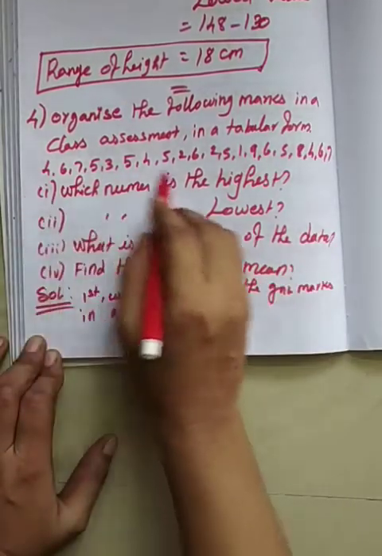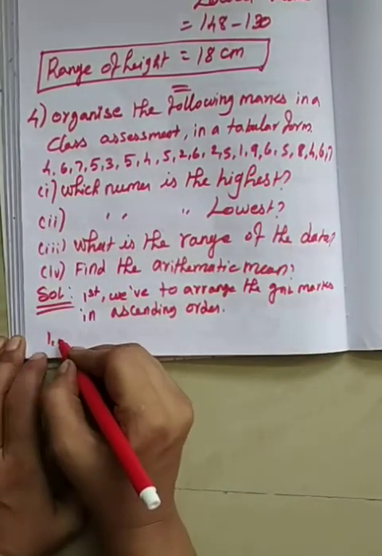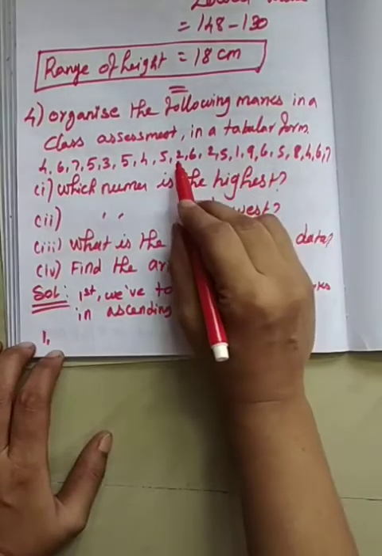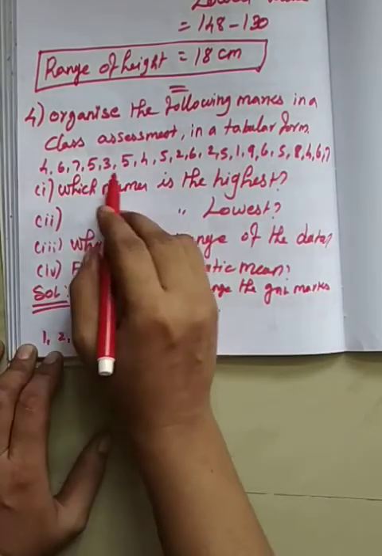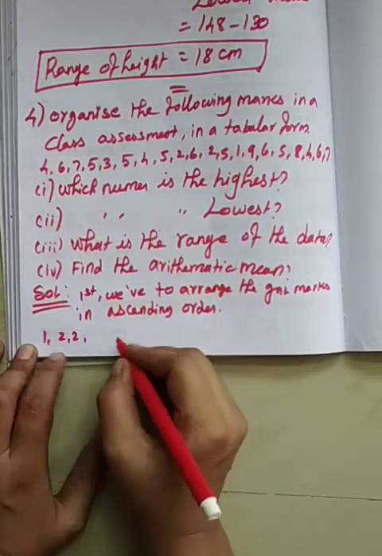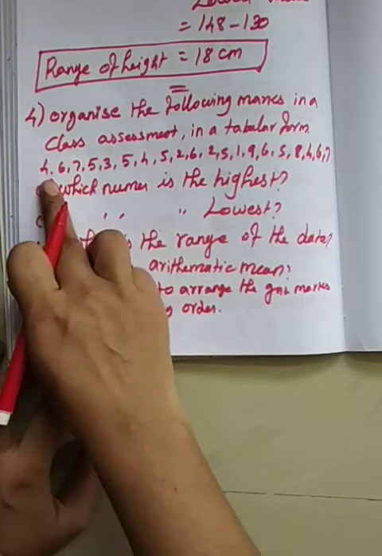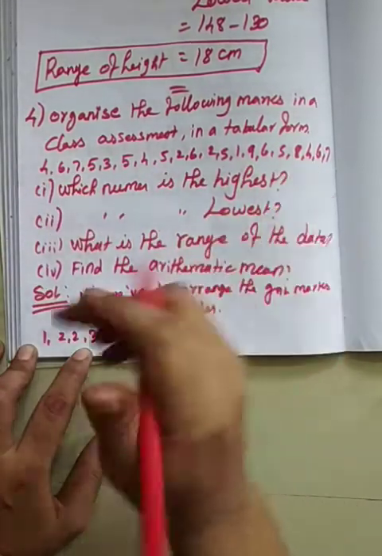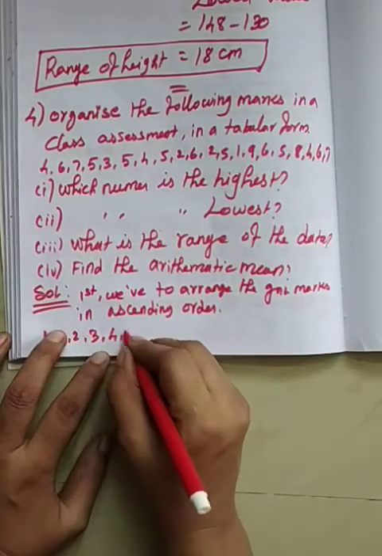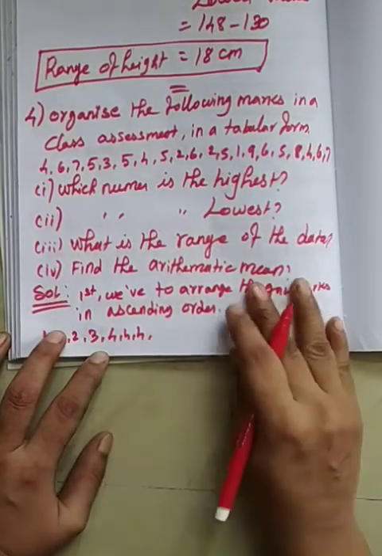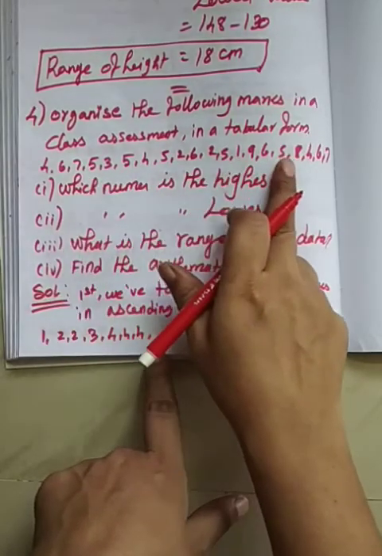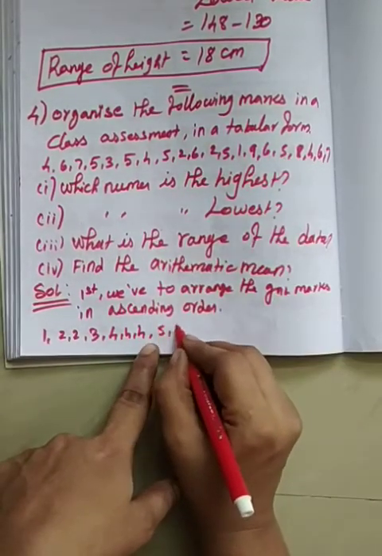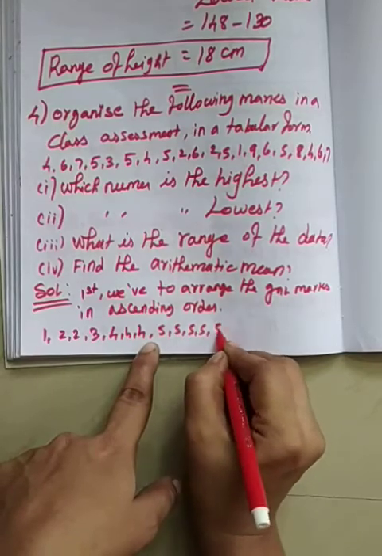See here, 1. Okay, next 2 times, so you have to put 2. The next, 3, 1 time. The next, 4, 3 times. The next, 5, 5 times.